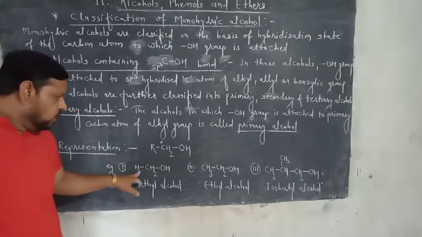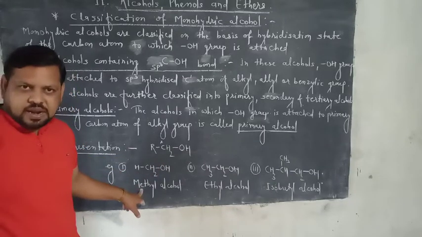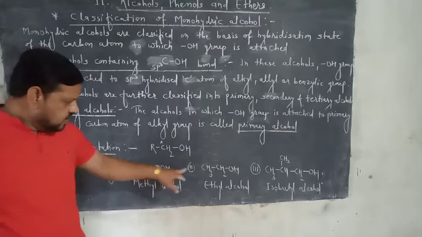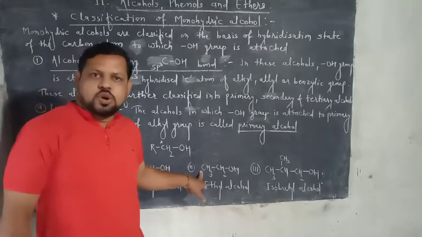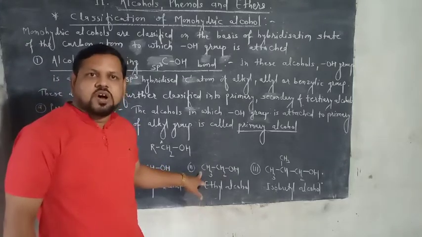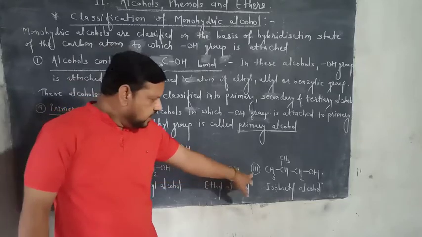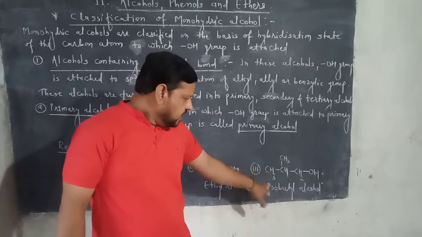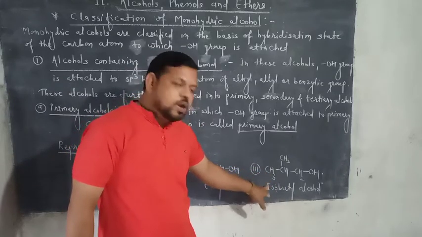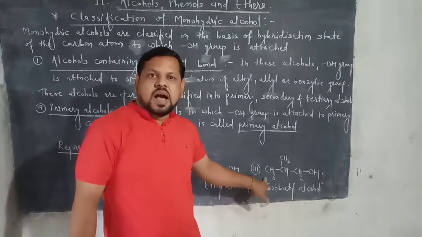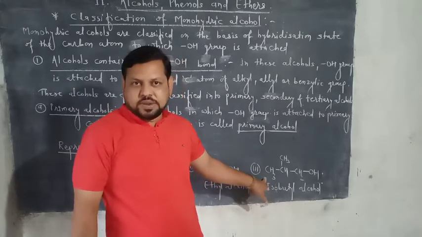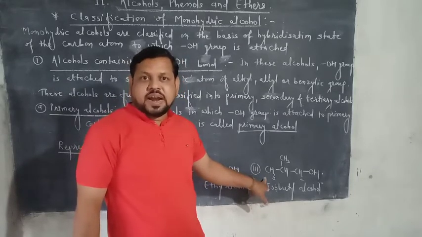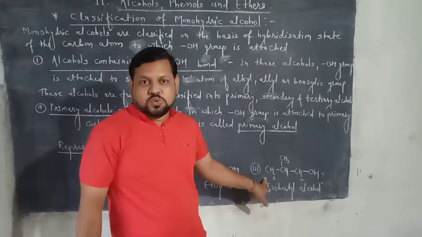Examples of primary alcohol are methyl alcohol CH3OH, ethyl alcohol C2H5OH or CH3CH2OH, and isobutyl alcohol. The example of isobutyl alcohol is always asked in examinations like NEET and JEE also.